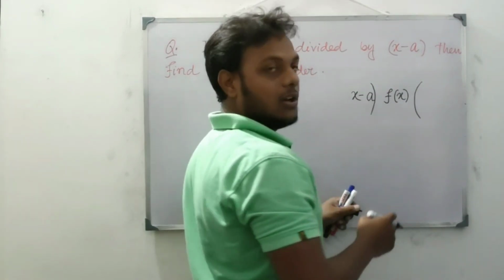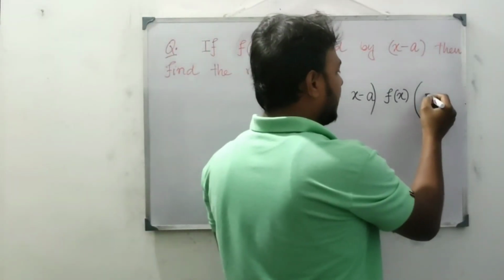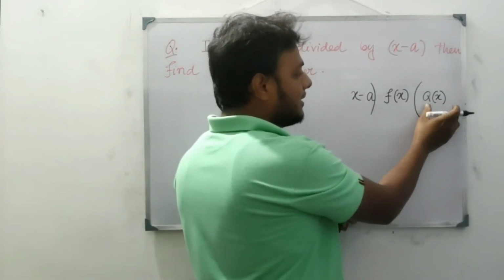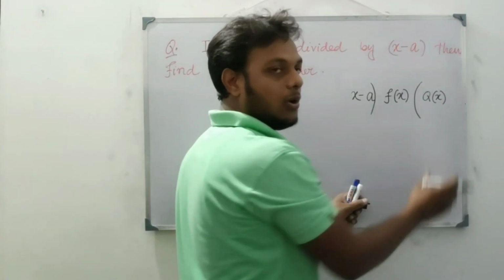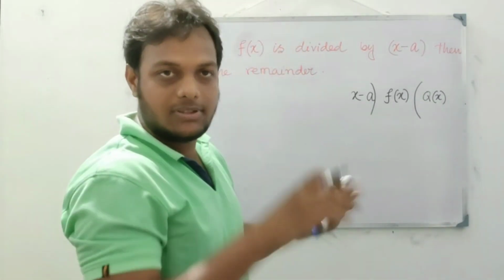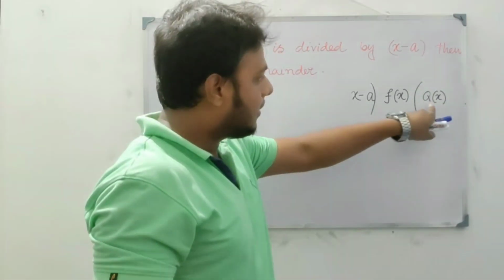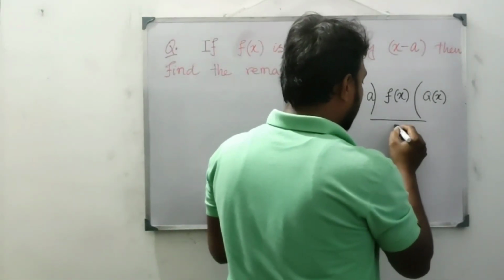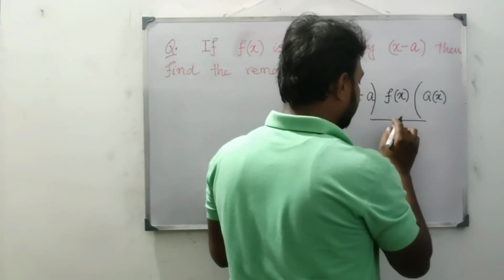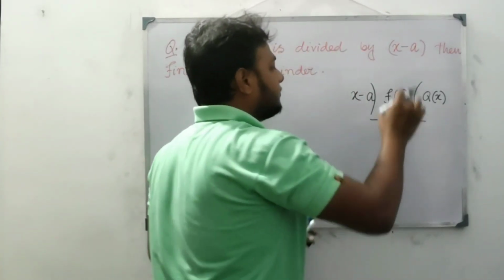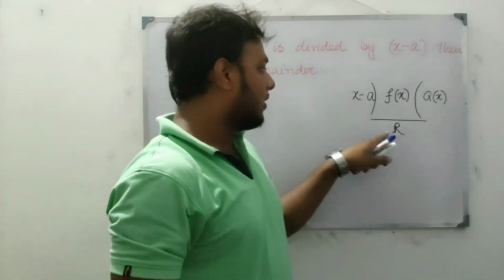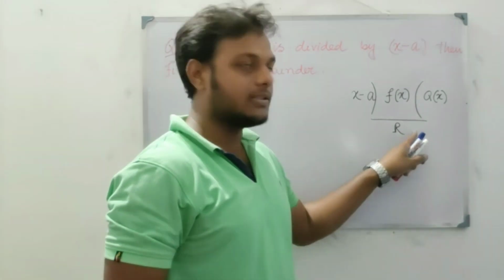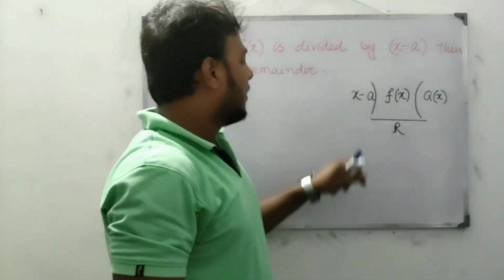So if f(x) is divided by x minus a, we can assume that the quotient is, suppose, q(x). Why have we written q(x) here? Since the quotient will also be a function of x, that means an expression of x. That's why I have written q(x) here, and the remainder is considered as r, capital R. I'll discuss later why we have considered a constant number here, and why we have not used x.